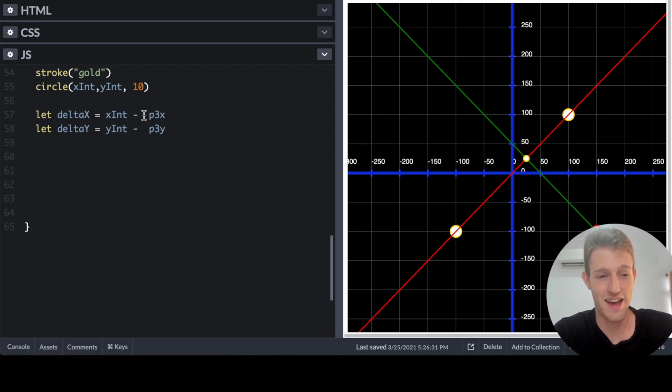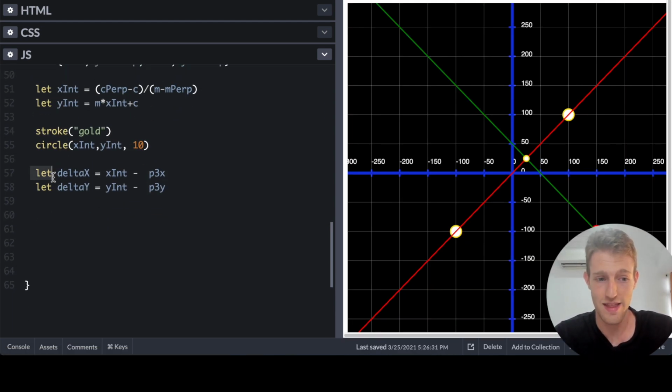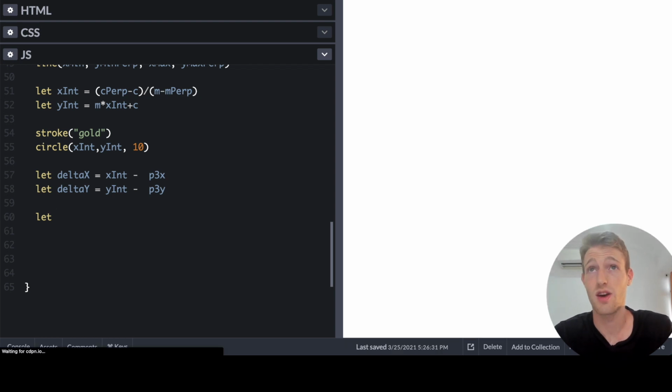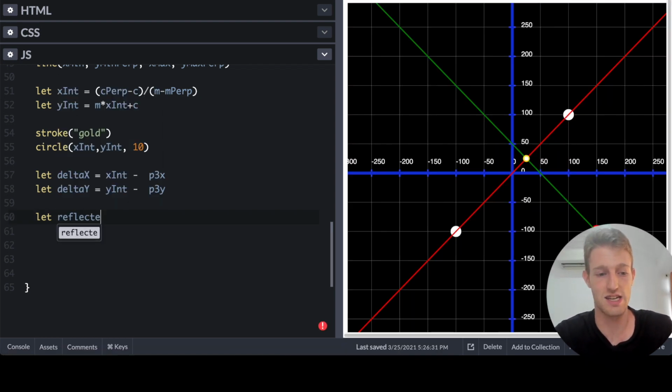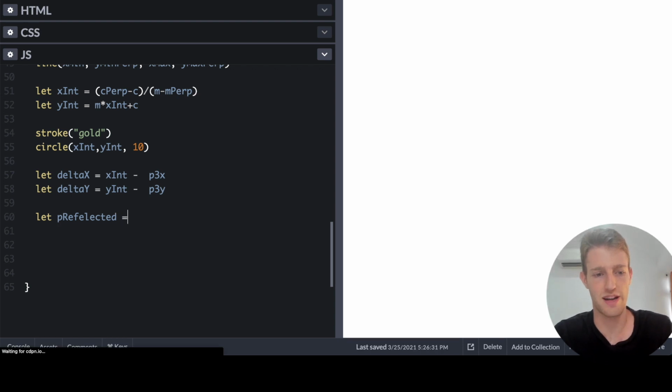What we'll be able to say is that this new point is simply going to follow that same pattern. So let's do it like this. I could say let p, what should I name this? Reflected p, let's say p reflected, okay, reflected point or point reflected.